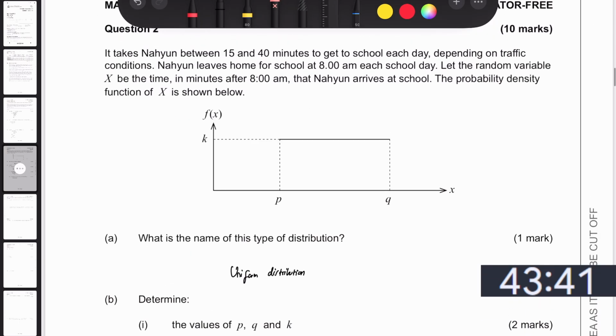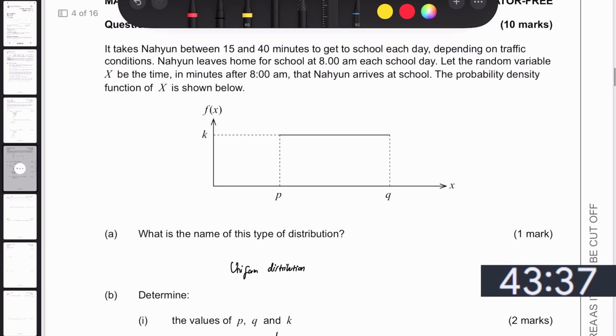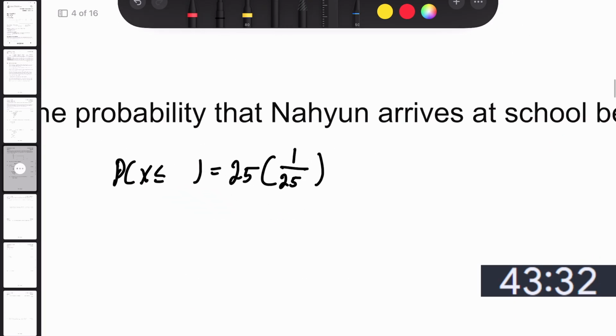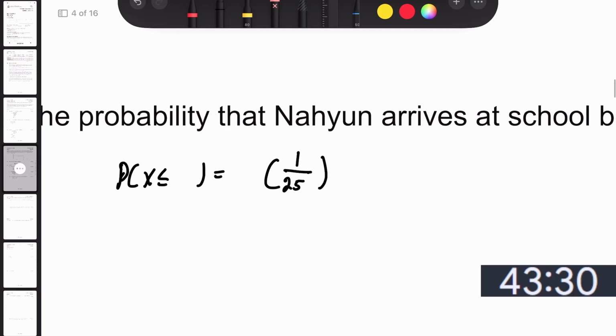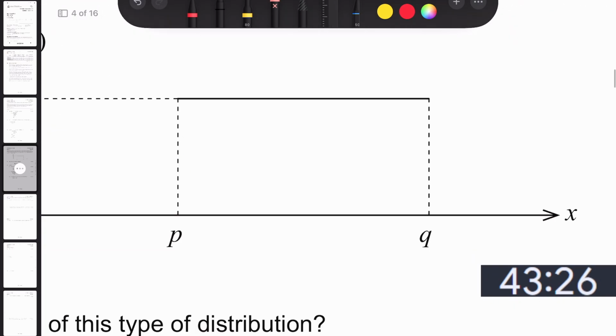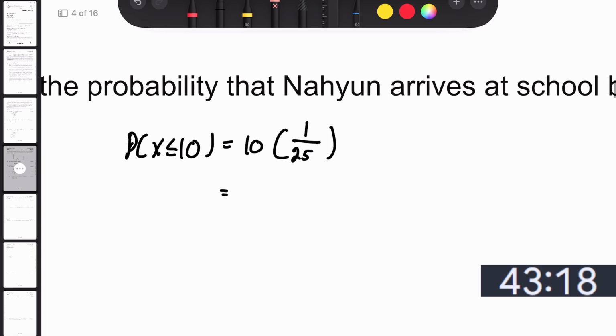Before 8:25. Oh, 8:25, and it takes him at least 15 minutes. Okay, so this is actually less than 10, because if I have 25 here, then this length is 10 and 15, so it's less than 10. So then this would be 2 on 5.